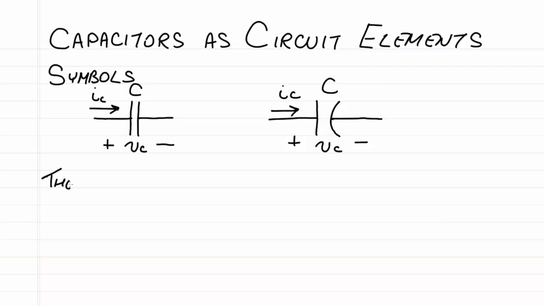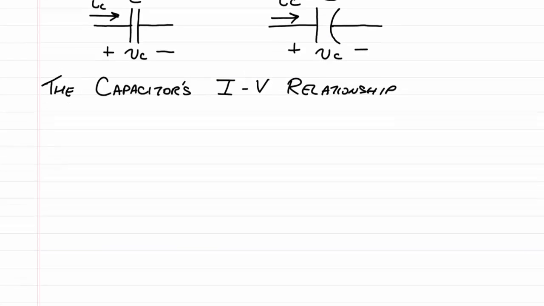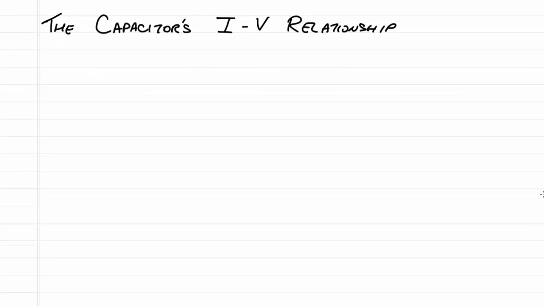To use the capacitor in a circuit, we'll need a relationship that relates the current through the capacitor to the voltage across it. This is commonly referred to as the capacitor's IV relationship. We know that charge on a capacitor as a function of time is equal to the capacitance times the voltage as a function of time, but we're interested in a relationship between the capacitor's voltage and the current through the capacitor.